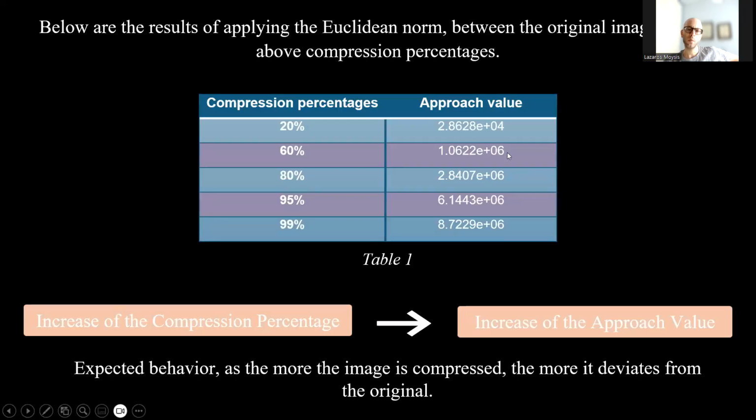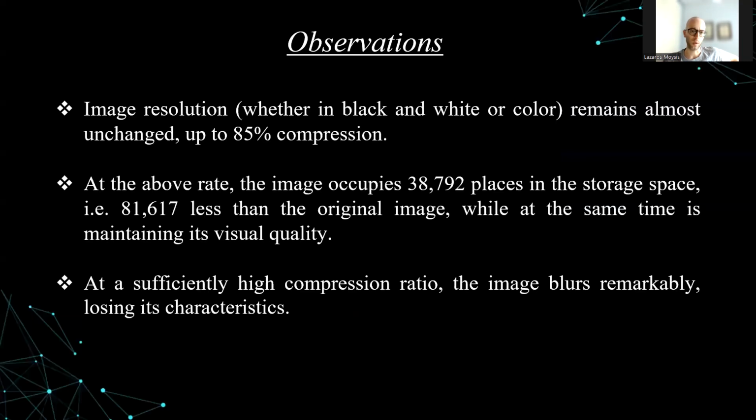Okay. And then we can do a lot of analysis. For example, here I compare the norm between the original and compressed image. Of course, the more compression you have, the higher the difference between the original and the approximated image. But overall, we can achieve a significant amount of image compression without compromising the quality of the image that much.